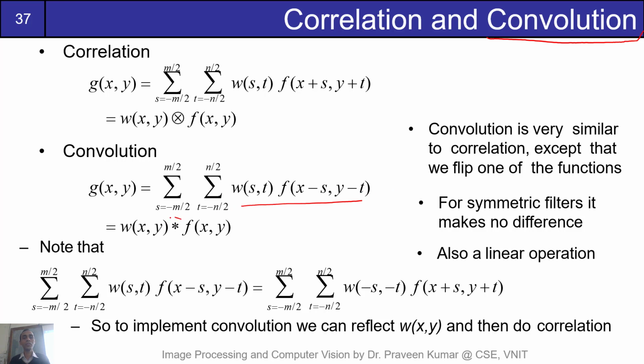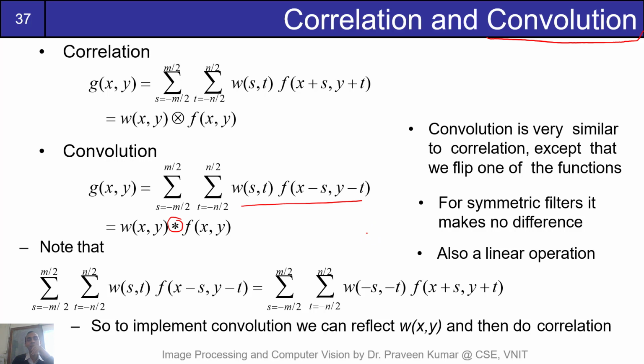Generally, the convolution operation is represented by this asterisk sign. So the difference is only a simple difference. You can either rotate the mask or the filter or the original image itself. You just flip it by 180 degrees, take a mirror image of that signal, and then do the correlation operation.